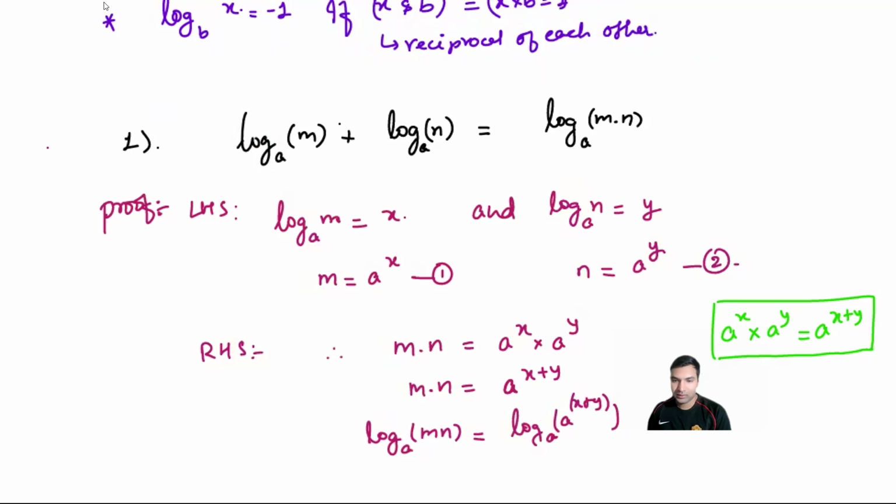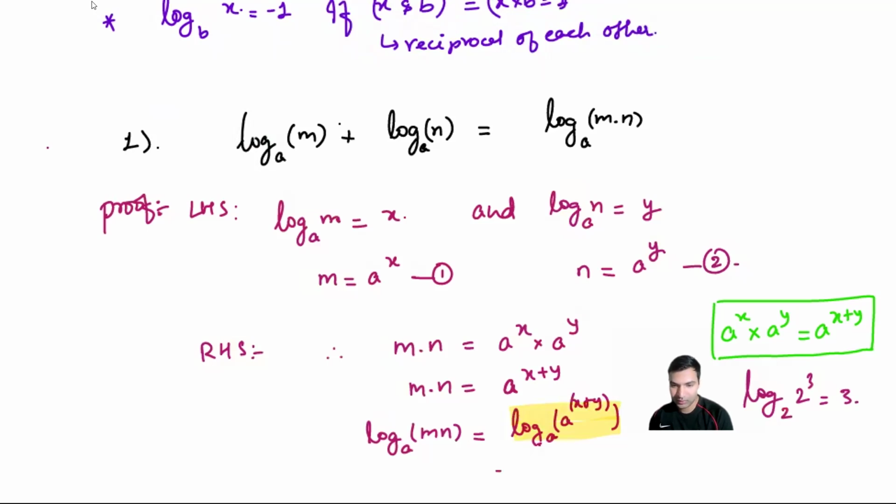Now see this right hand side. Using the definition of log in exponential form, what power of a will eventually give you a to the power x plus y? It is like this: log of 2 to the power 3 to base 2. What power of 2 will give you 2 to the power 3? Isn't it 3?